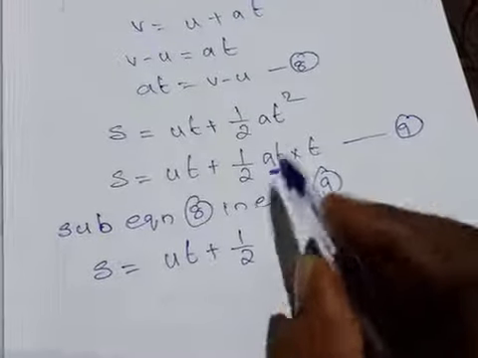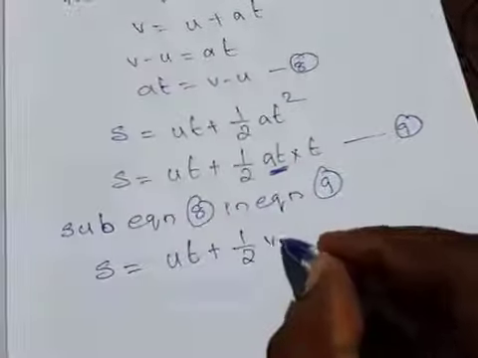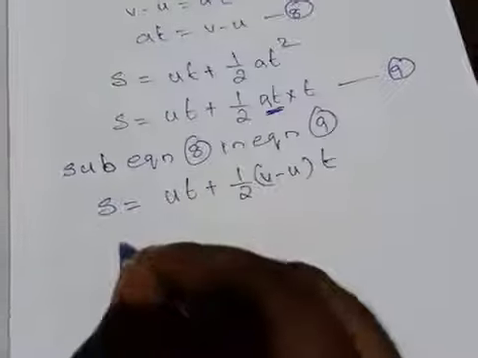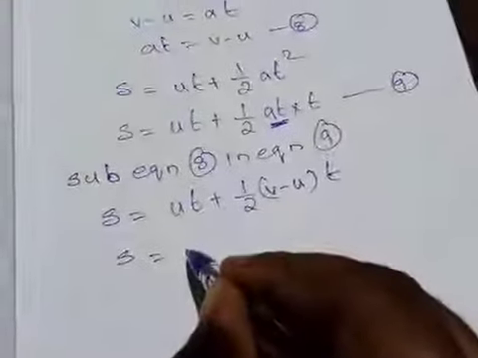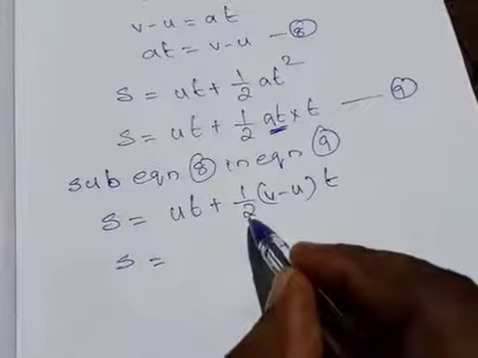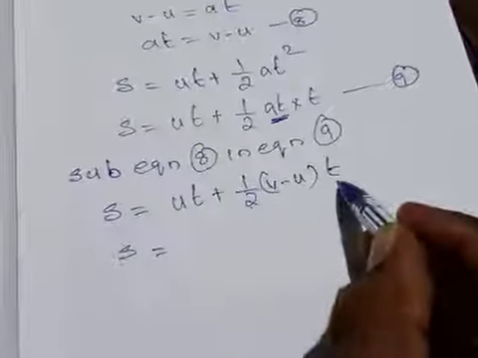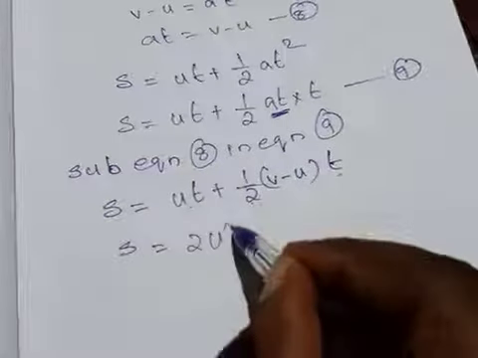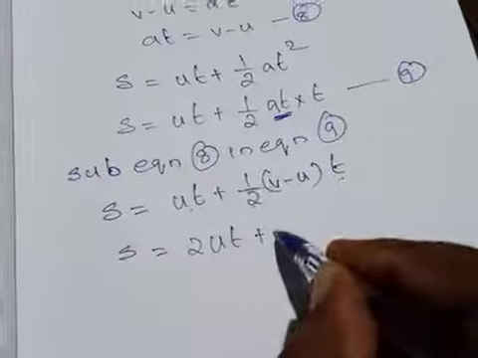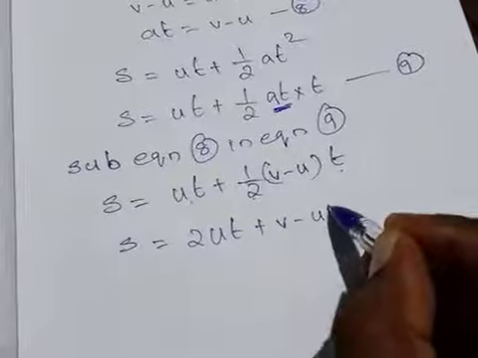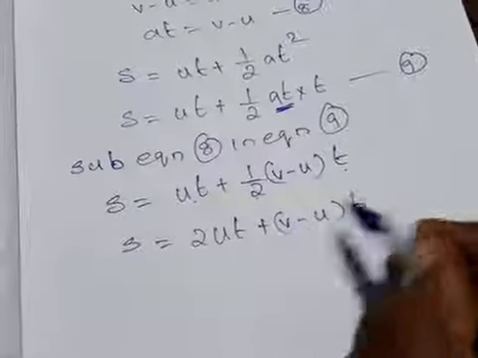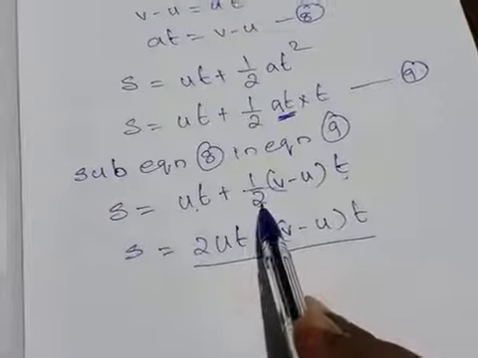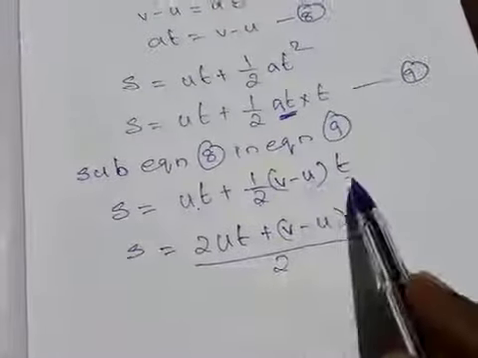Instead of at, you have to substitute v minus u into t. So S is equal to, now this 2 is common here. So take here LCM. So 2ut plus v minus u into t by 2. So I have taken LCM 2 commonly.